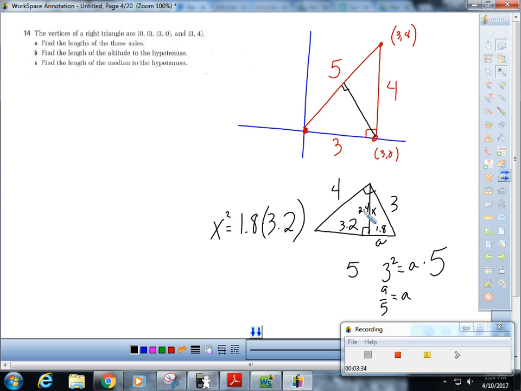Find the length of the median. Okay, the median. Well, to find the median, I would need to find the midpoint, which is not going to be in the center. That midpoint is going to be 1.5, 2. So now for part C, I need to do the distance between the point 3, 0.